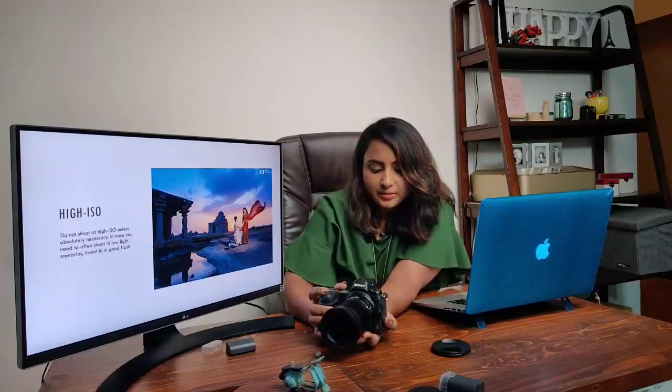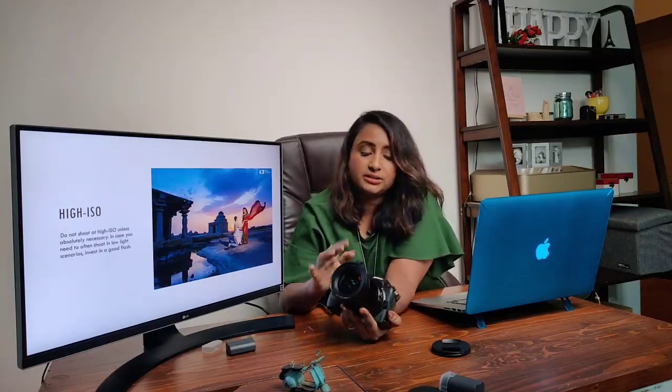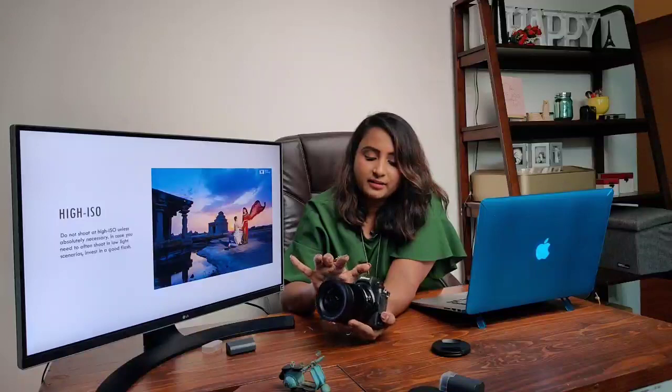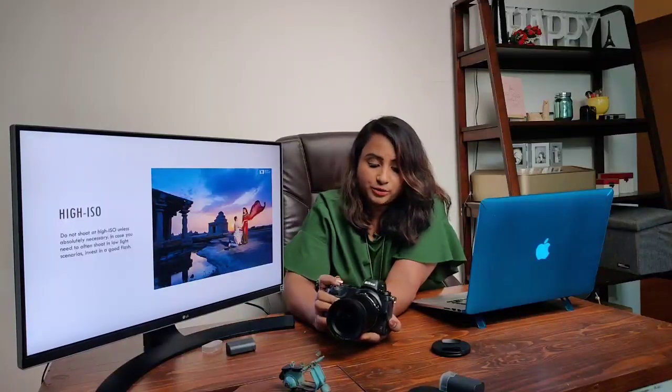So once I set my aperture, the third factor is that the focal length also influences depth of field. It's a wide angle lens, but it's okay because the distance between the subject and my camera is quite less. So I know in spite of shooting on a wide angle lens, I will get a nice shallow depth of field.